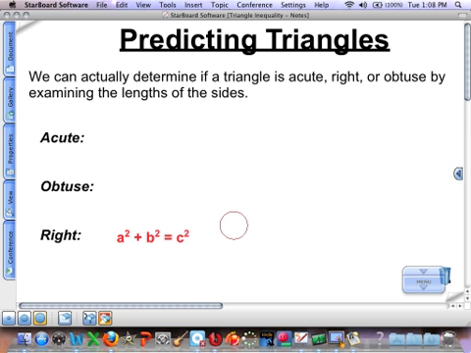And then you can actually determine if it's acute or obtuse simply by comparing a squared plus b squared, so that sum of the squares, with the square of the hypotenuse. If the sum is greater than the square of the hypotenuse, it's an acute angle. If the sum is less than, then it's an obtuse angle.